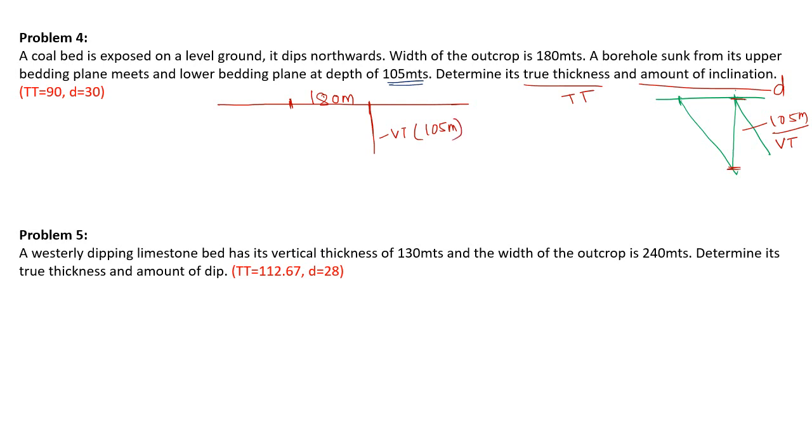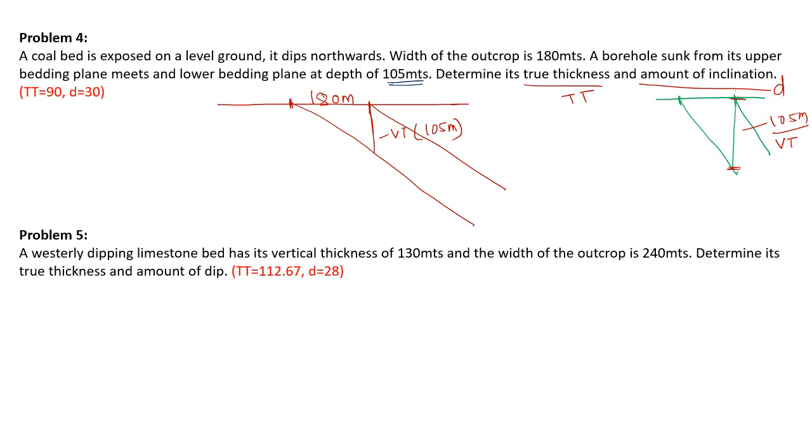Now once I get a VT, I'll draw a line which joins from this corner and touches the bottom part. I'll join this first and extend it. Now you have got the lower bedding plane. Parallelly you can draw the upper bedding plane also.